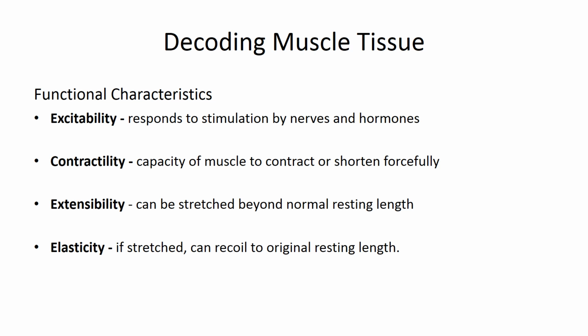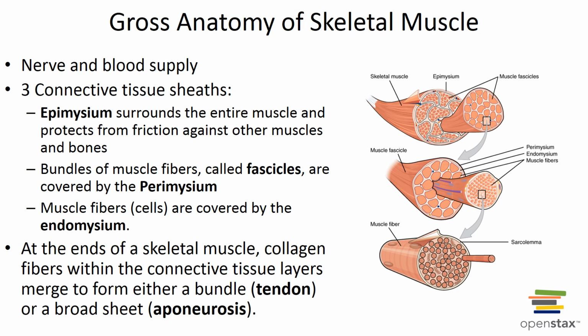Now let's look at the anatomy of skeletal muscle. Skeletal muscles are organs that are composed primarily of skeletal muscle tissue plus connective tissues, nerves, and blood vessels. On this slide, you can see the gross anatomy of skeletal muscle. A single skeletal muscle is composed of large bundles called fascicles.